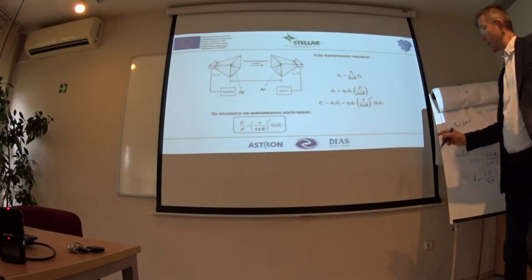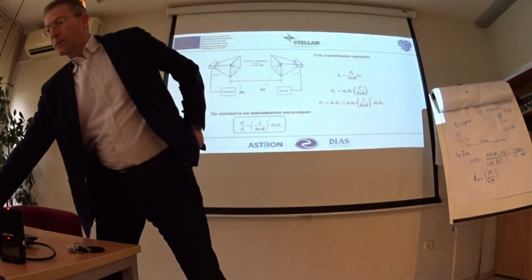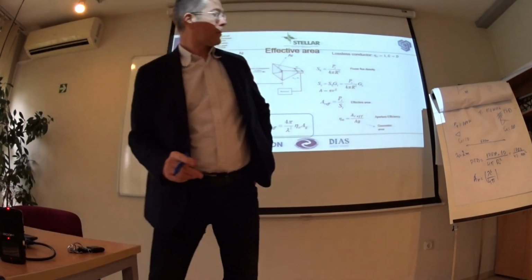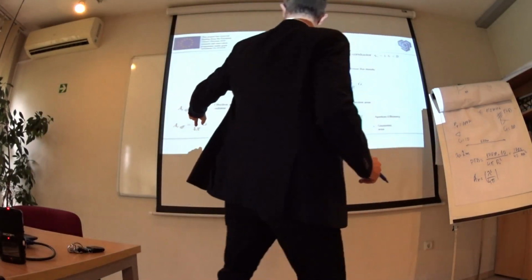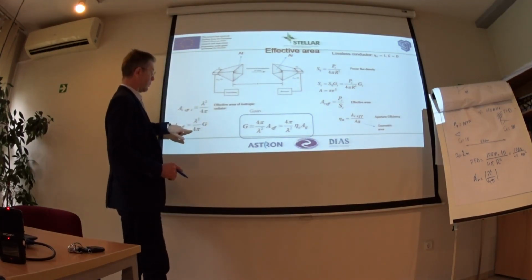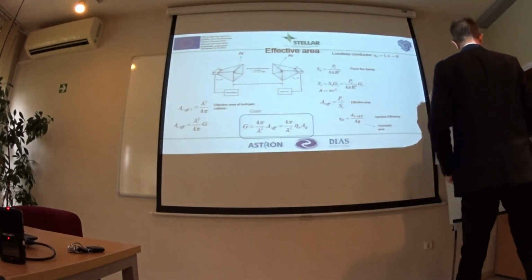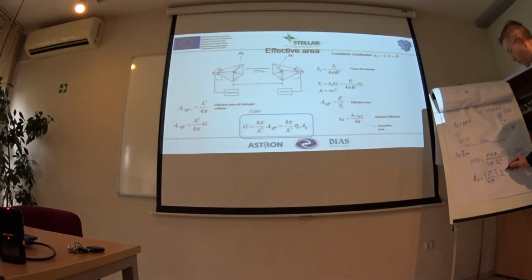I think there is a mistake in the formula. Here it is: lambda squared over 4 pi times the gain of the receive antenna, which is 20. And the last thing left is to multiply this by this. Easy and logical.